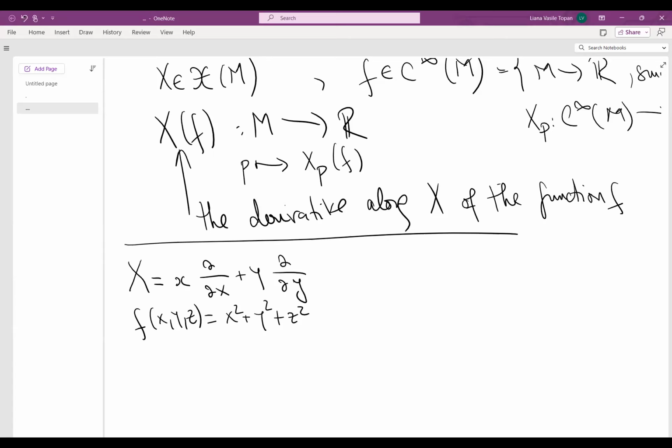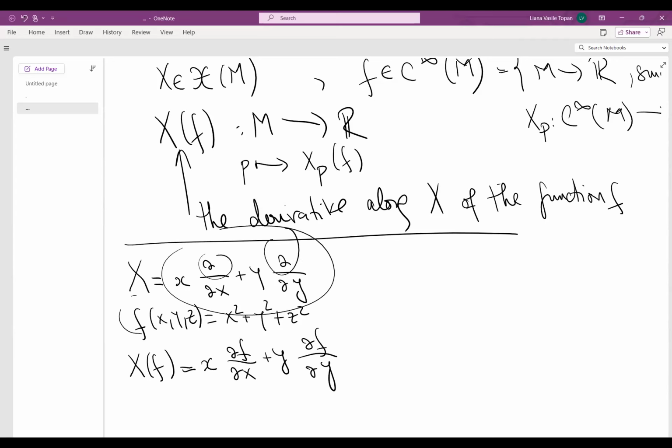Then what will be X(f)? What's the derivative of this function along this vector field? Well, this will be x partial f over partial x plus y partial f over partial y. So you simply, you see, X(f), so you put an f and you apply it here, right?